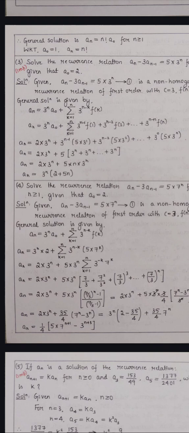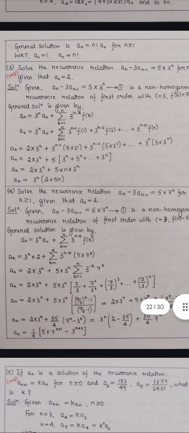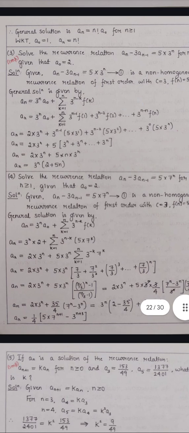So how did this 3 power n come? Because in every multiplication, 3 power n minus 1 and 3 power 1, 3 power n minus 2 and 3 power 2, plus 2 minus 2 cancels, plus 3 minus 3 cancels, plus 1 minus 1 cancels, and plus n minus n gets cancelled. So you will be left with only 3 power n.